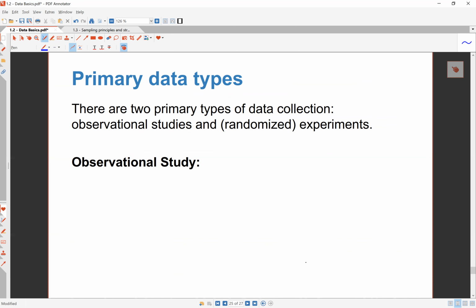And we often drop the word randomized, we just call them experiments. So an observational study is characterized by a situation where we only are recording the information available to us.